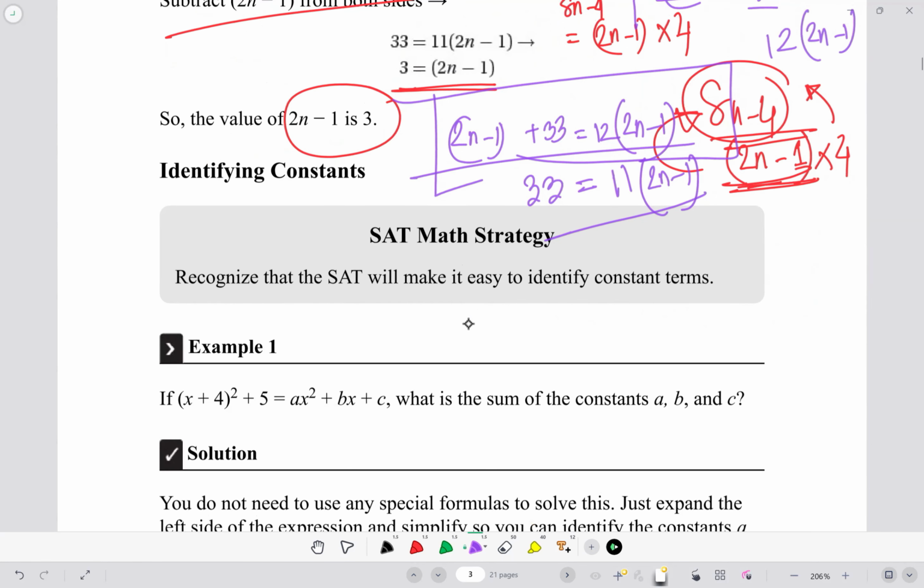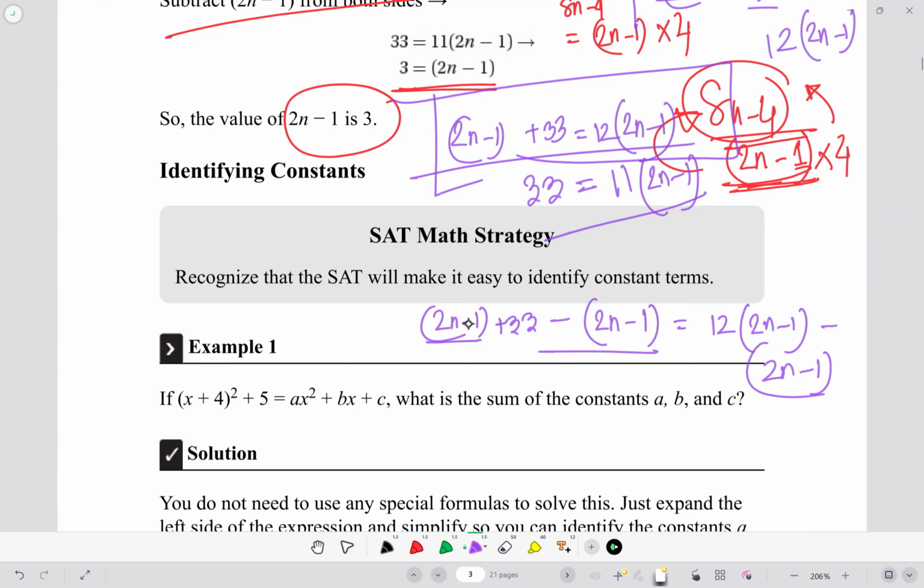I'm going to write every single thing for you. You're subtracting 2n minus 1: 12(2n minus 1) minus (2n minus 1). This is plus and this is minus, so they're cancelled. The only thing that remains on the left side is 33, right?